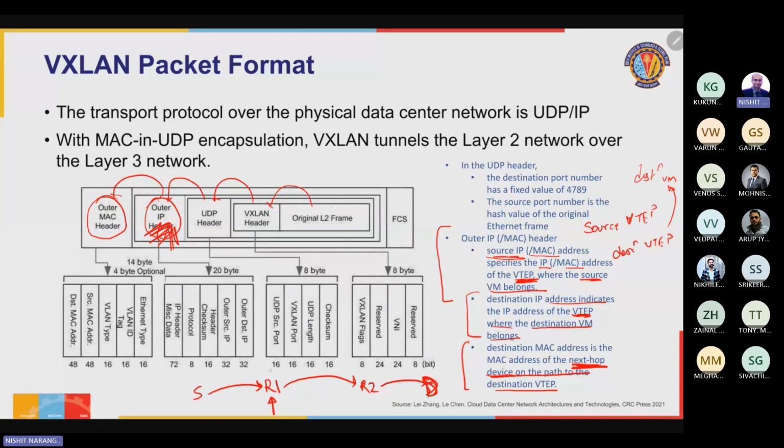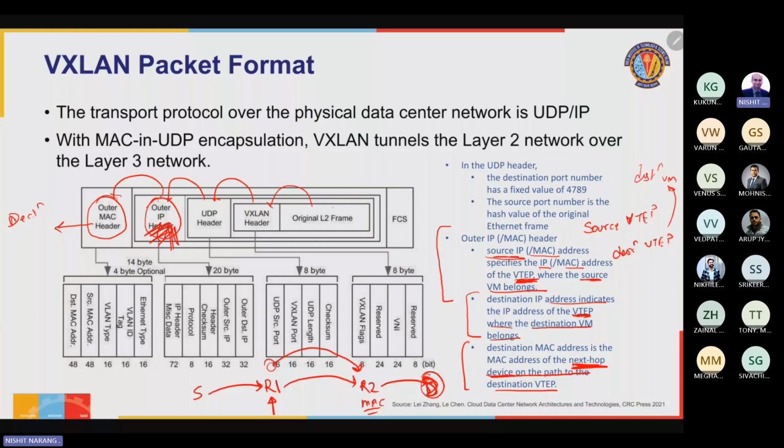So R1 will get the packet, it will decapsulate L2, look at the IP packet, look at the destination IP address as D, look at its route table, and then forward it to R2. When it forwards it to R2, what does it do? It puts the MAC address of R2. So what is the outer MAC header carrying in the destination MAC? The destination MAC is always the MAC address of the next hop device. Hop by hop routing. This is what we learned during our network fundamentals, right?